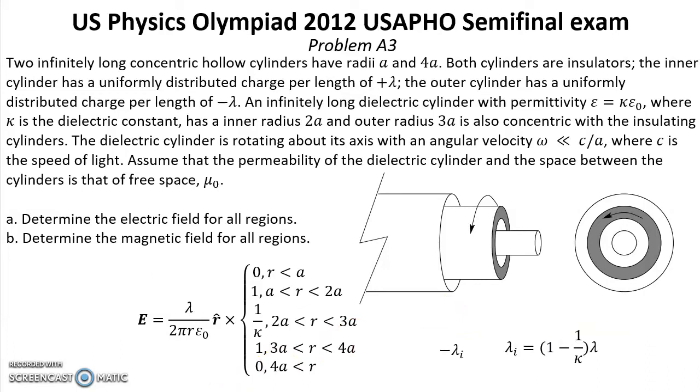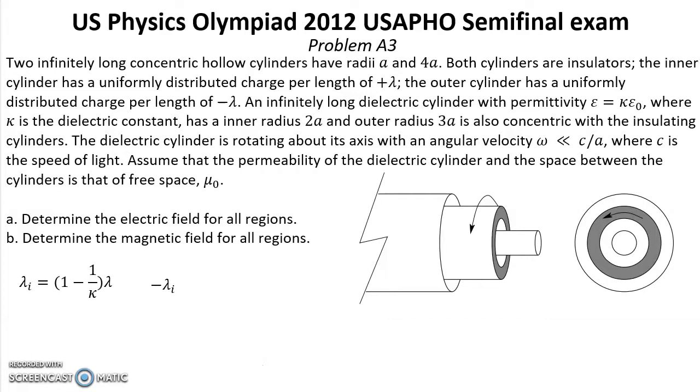Let's do question B. For question B, we just found that the electric field produced a linear electric charge density lambda I on the outside surface of radius 3a, and on the inside surface with radius 2a we have a linear charge density negative lambda I. When we rotate this dielectric with the angular speed omega, we will get a kind of solenoid.